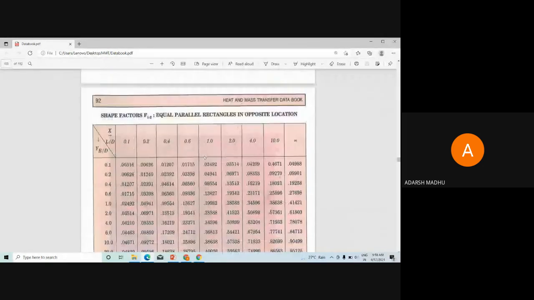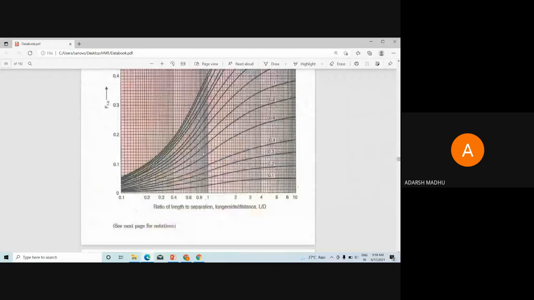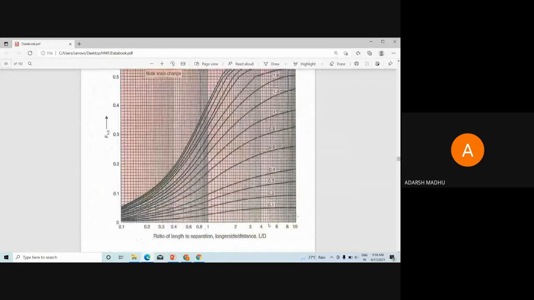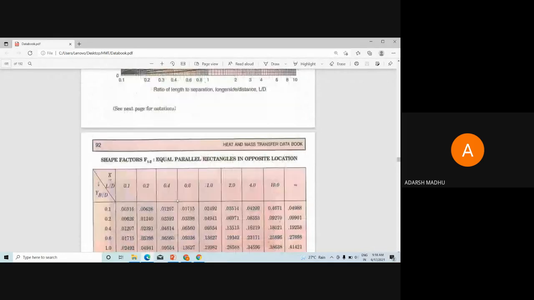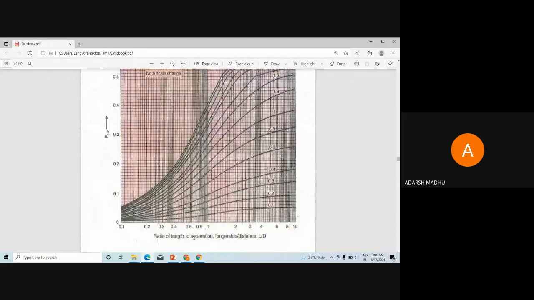Or we can find it by using this graph also, that is L by D. L by D means x, right? The x value is given on the x-axis. After finding the x value, you can mark the point here, say it is 1.